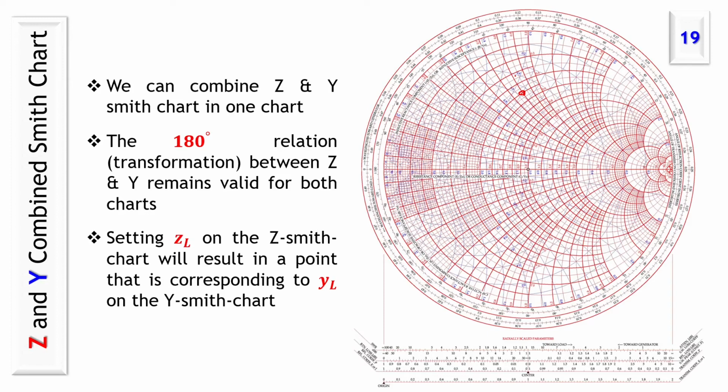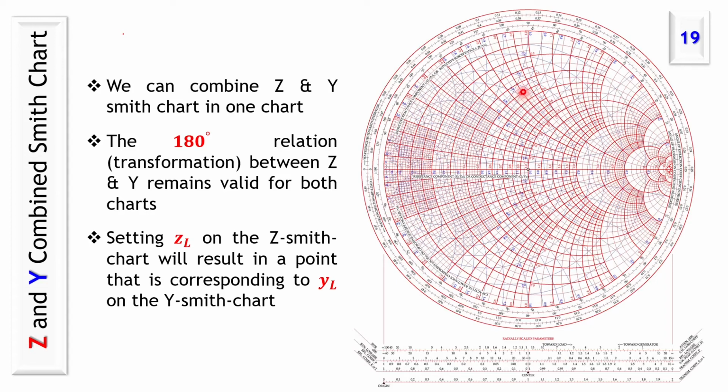Sorry, let me read this better. So this is 2 plus j0.8. This point here represents a value of 2 plus j0.8.